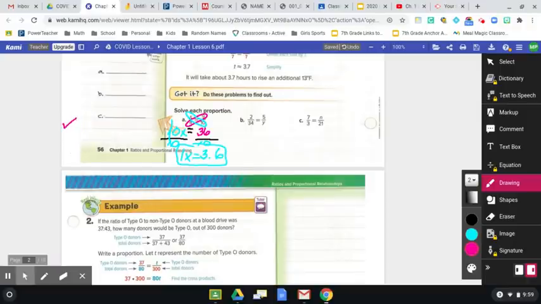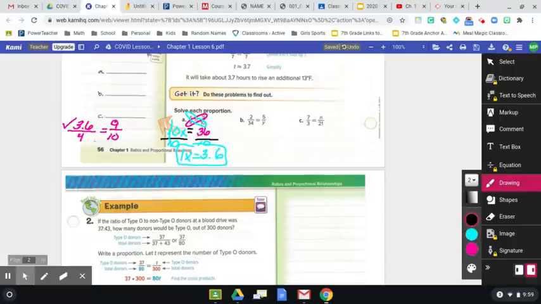So if I take what I just got for x, this 3.6, and put it in my numerator, I'm going to substitute it in for x. That's what I solved for. And I put 4 here, just like the problem showed, and 9 over 10. I'm checking to make sure I solved for x correctly by once again checking the cross products.